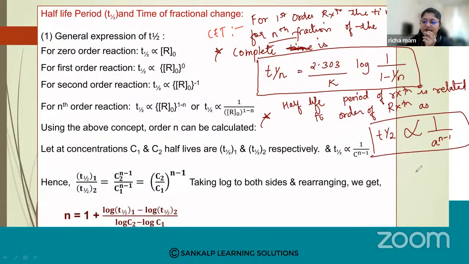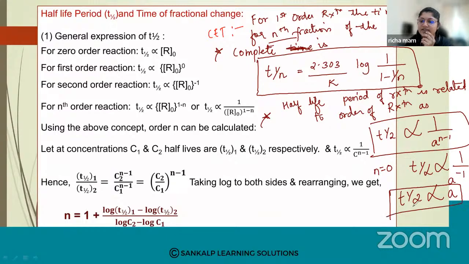Suppose n is equal to 0, then T half will be inversely proportional to A raised to minus 1, because n is 0. So T half is directly proportional to A. So what is it?